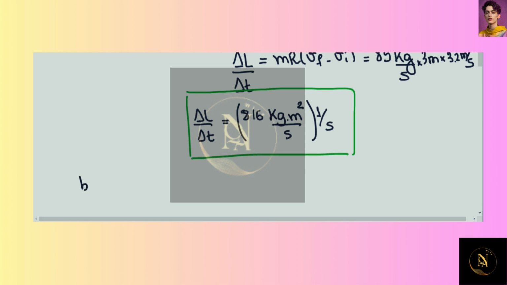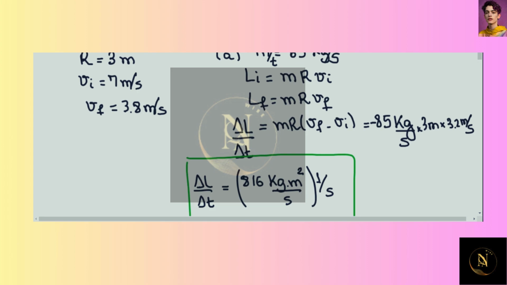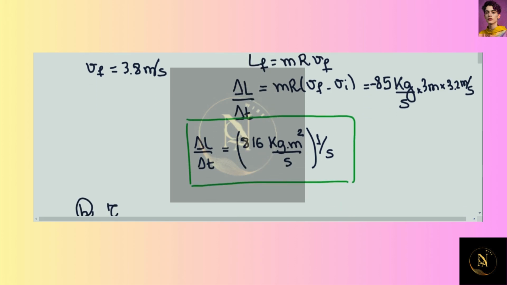Then in question B, our goal is to calculate the torque over the water wheel. And actually, I'm sorry, there is a minus here. I forgot to write it. So the change in angular momentum is equal to minus 816 kilograms meters squared per second squared. But we have to notice that this is the angular momentum lost by the water, meaning that the angular momentum gained by the water wheel has the same magnitude but a positive sign.